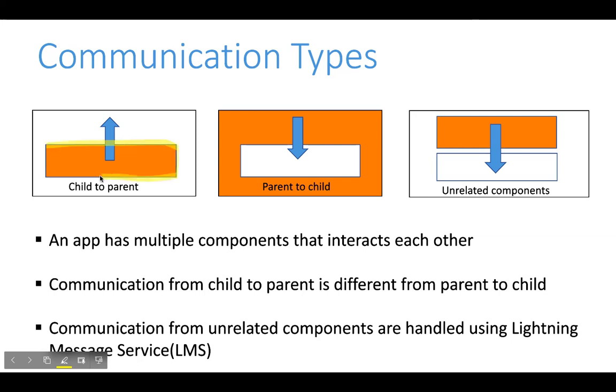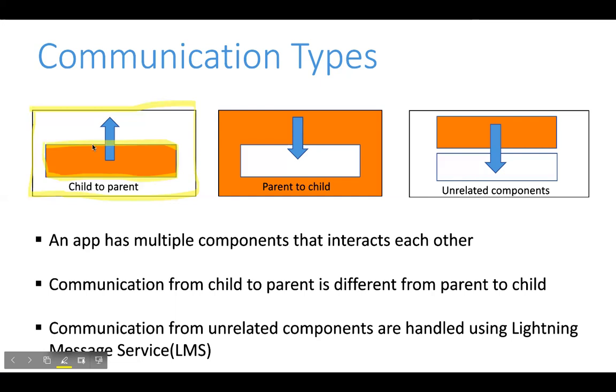This is a component and this is another component. If we are declaring a component inside a component, then the inner component will be the child component and the outer component will be the parent component. Basically, they are in a parent to child relationship.